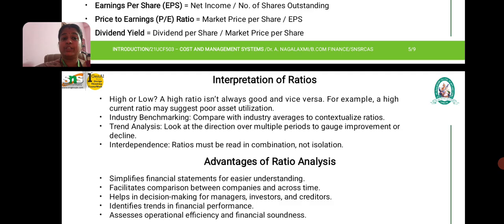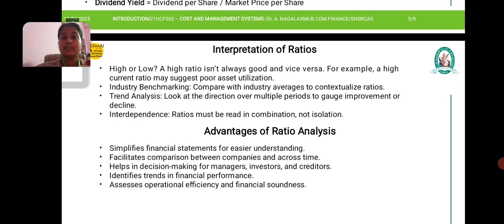Next is trend analysis: look at the direction over multiple periods to gauge improvement or decline. Interdependence: ratios must be read in combination, not in isolation. This is the interpretation of ratios. Interpretation means the result we got out of the calculation of the above ratios.